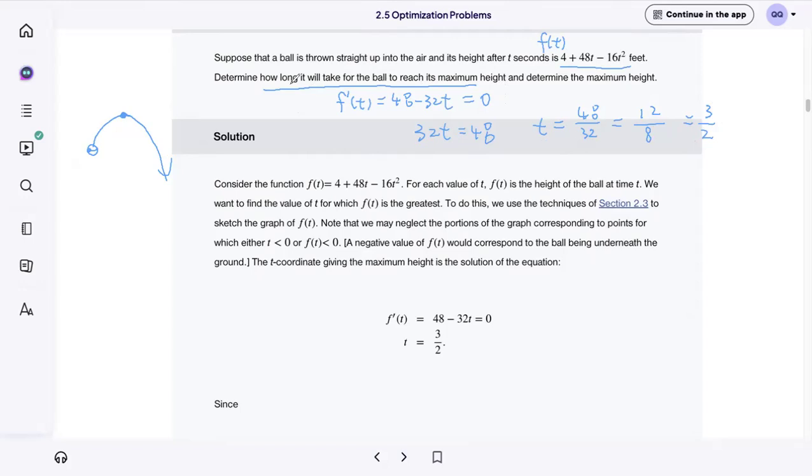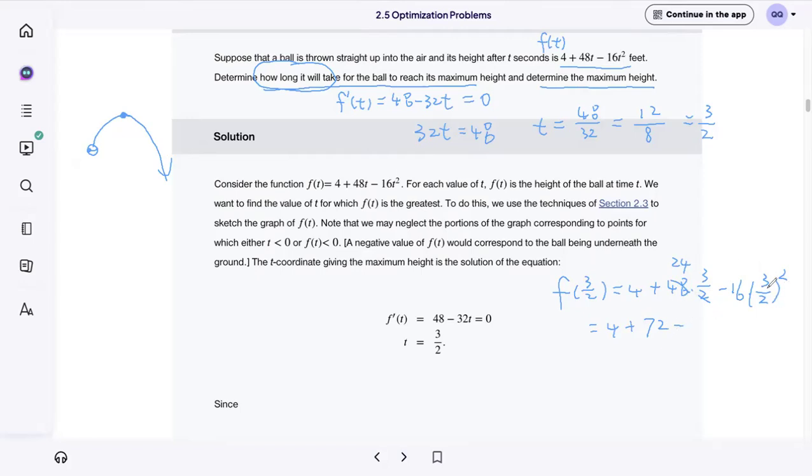Do we know? This only asks how long it takes. And also we need to determine the maximum height, which means we need to plug in 3 over 2 to find its height. So that's 4 plus 48 times 3 over 2 minus 16 times 3 over 2 squared. So 48 divided by 2 is 24. 24 times 3, that's 72.